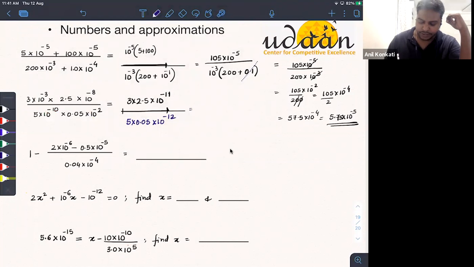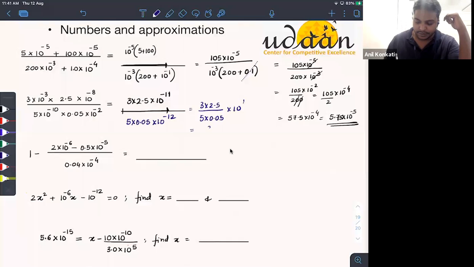So now it will be 3 into 2.5 divided by 5 into 0.05 into 10 raised to power of 1. Why 1? Because minus 11, this minus 12 will come up and become plus 12. So that will come as 1.